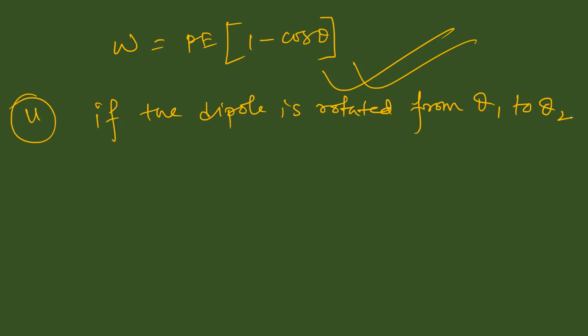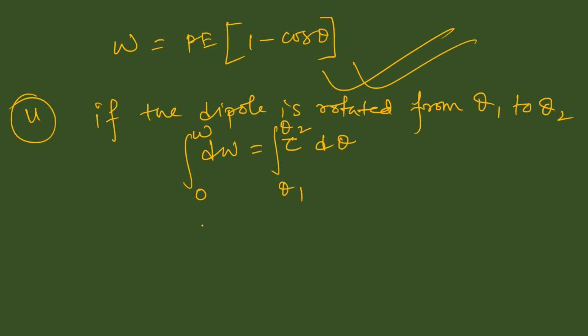In that case we use the expression that work done equals torque multiplied by dθ, and integrate it. The limits are from 0 to W on the left, and from theta 1 to theta 2 on the right.